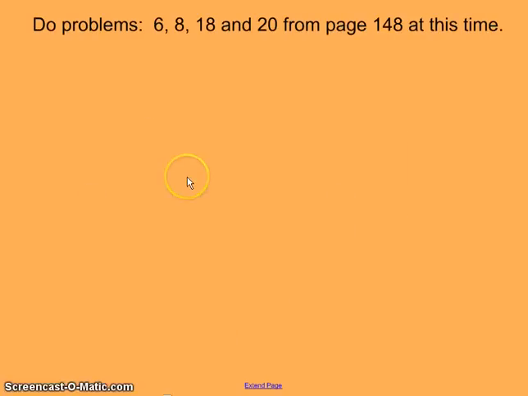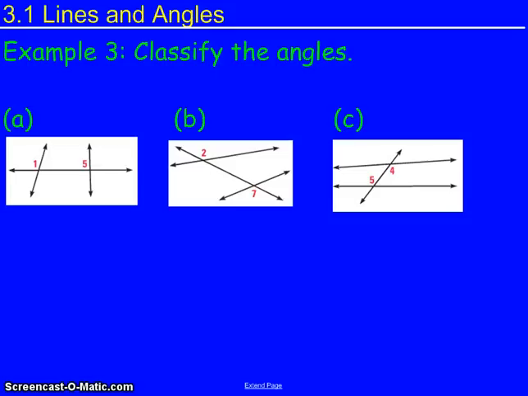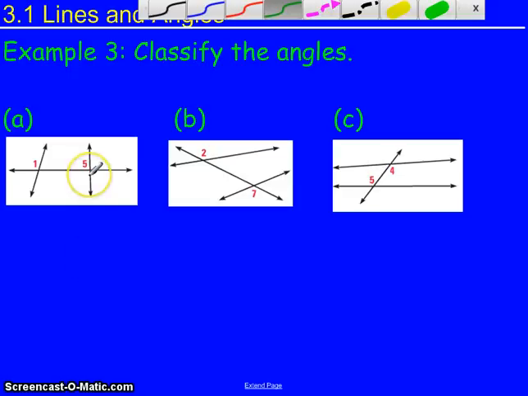Regular geometry class would be doing 6, 8, 18, and 20 from page 148. So let's see. I think we're actually pretty close to done. So we're supposed to just classify each type of angles here. So I'm going to push this a little bit and try and wrap this section up.